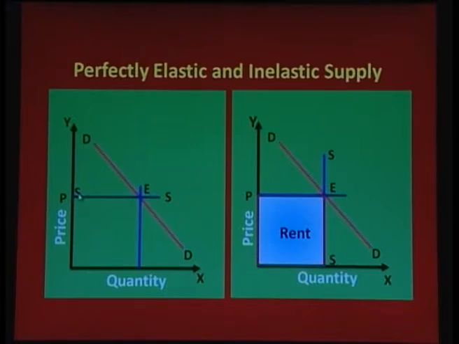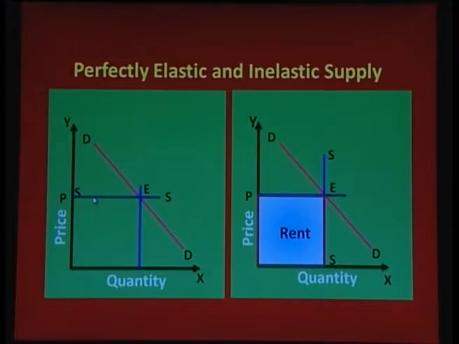The supply curve is a horizontal straight line SS, which means that price is not changing, but quantity is changing. Even if there is a small change in the price, quantity will change more than proportionately, which means that the supply of the factor of production is perfectly elastic.